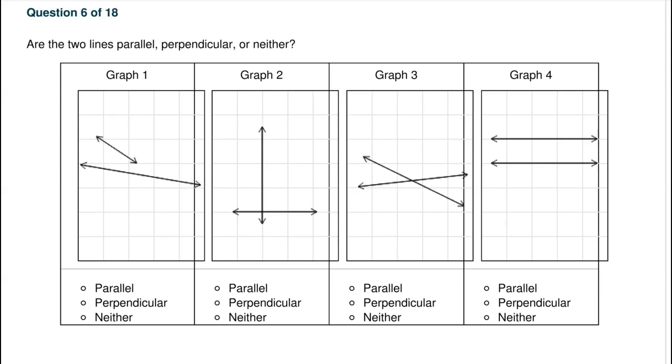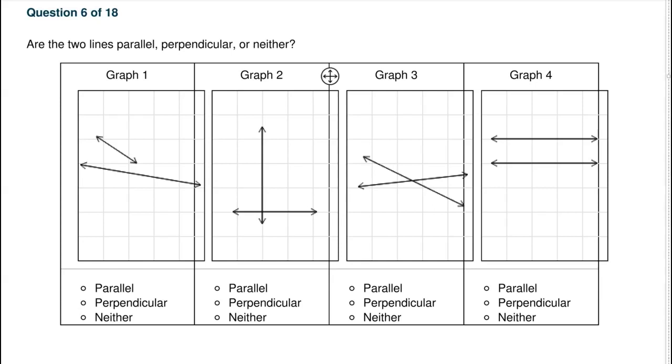Perpendicular means they cross at 90 degrees. They cross at a right angle. They cross at a square corner. I don't know which one is easier for you to understand. Neither would mean that they will cross, but not in a parallel form or a perpendicular form.